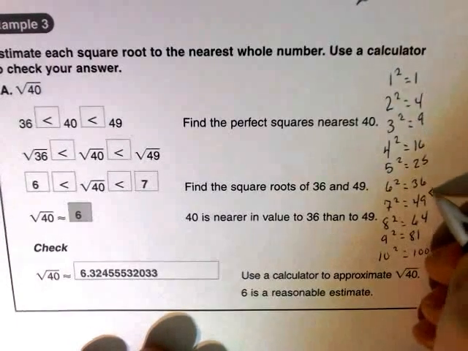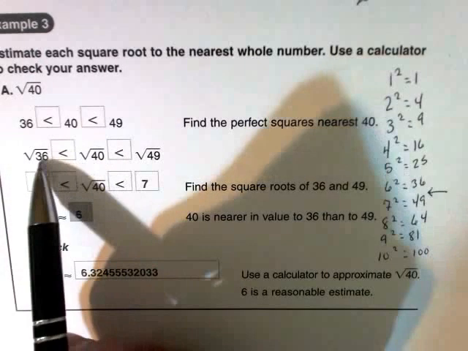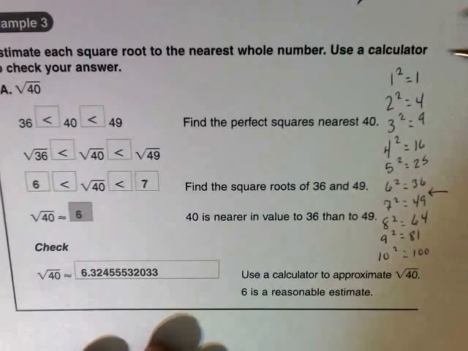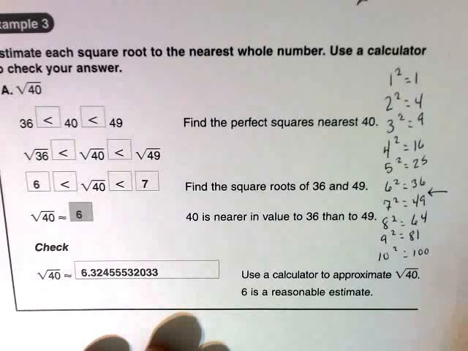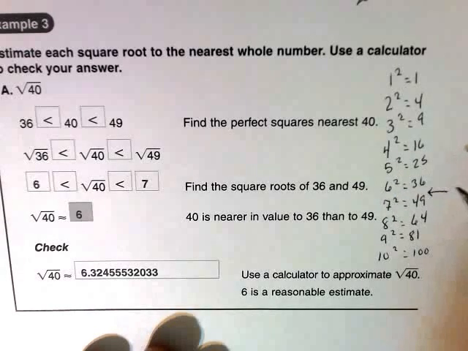Well, 40 would fit in here, of course, between 36 and 49, which is why they're saying the square root of 40 in this first line is between the square root of 36 and the square root of 49. They're surrounding it with the perfect square roots. So it's between, as we read back the opposite direction, 6 and 7.